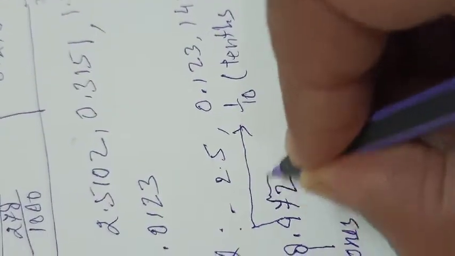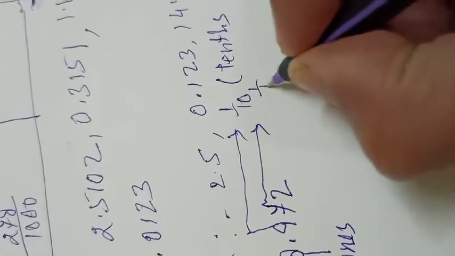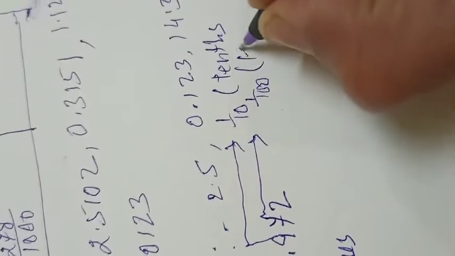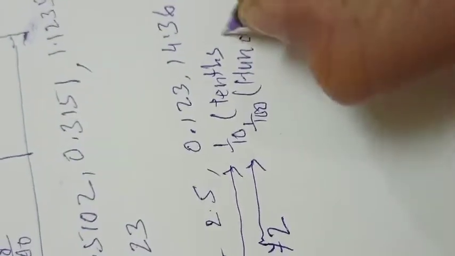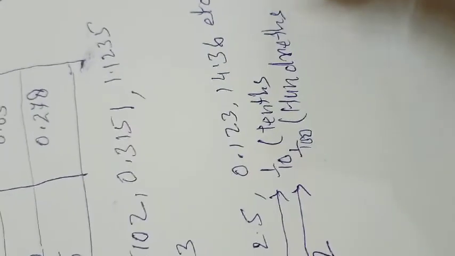Now 7 is 1 by 100, that is the hundredths place.